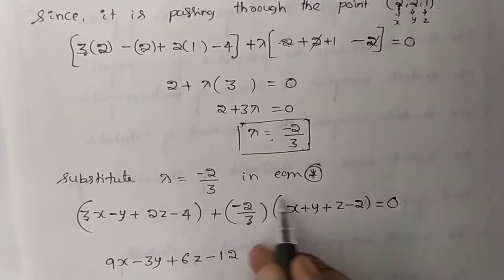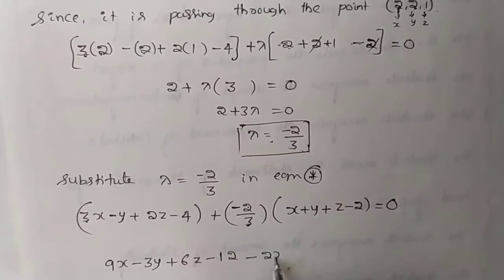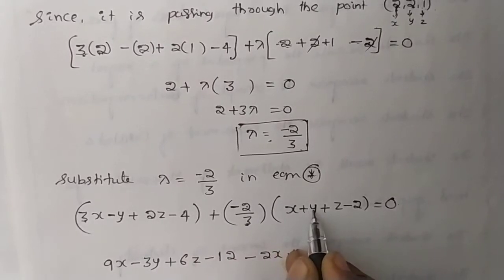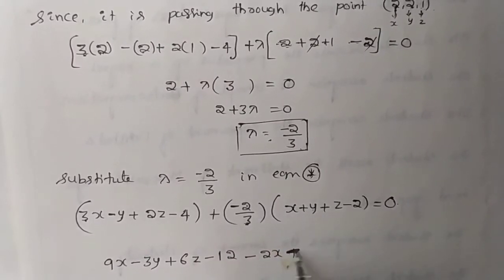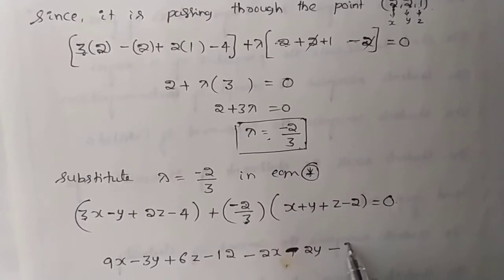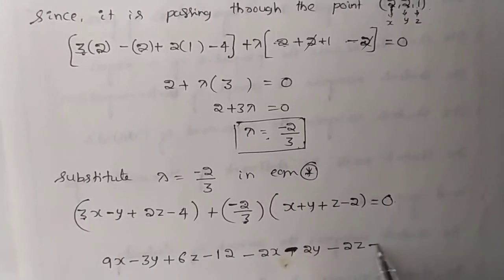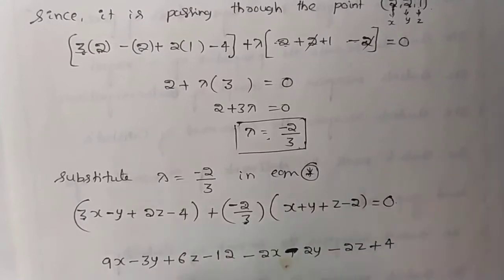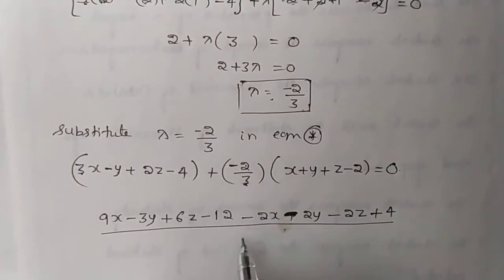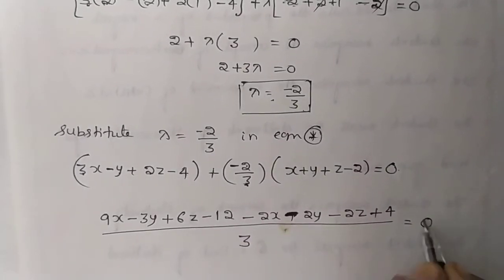Here it will be minus 2 into x is minus 2x, plus minus 2 into y is minus 2y. Next minus 2z, and minus into minus is plus, 2 into 2 is 4. LCM will be 3, equals 0.